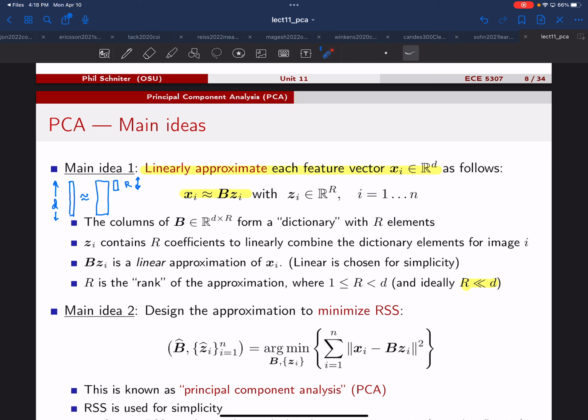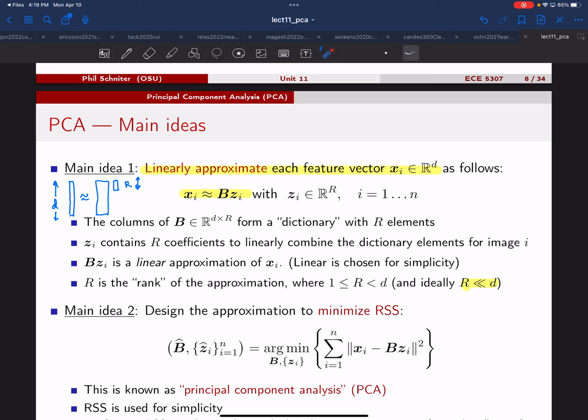Okay, so we can think of this B as like a dictionary matrix with r columns or r elements in the dictionary. Z contains r coefficients that we will use to linearly combine the dictionary elements. And we're going to do that separate z_i for each image i. And so therefore, B times z_i is a linear approximation of x_i. It's linear because the function taking us from z_i to x_i is linear.